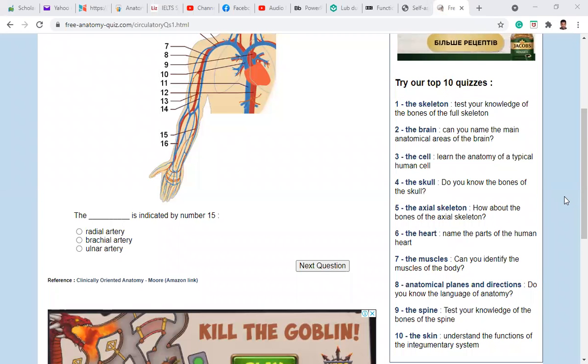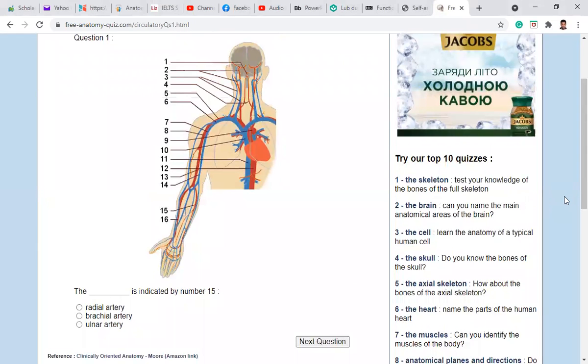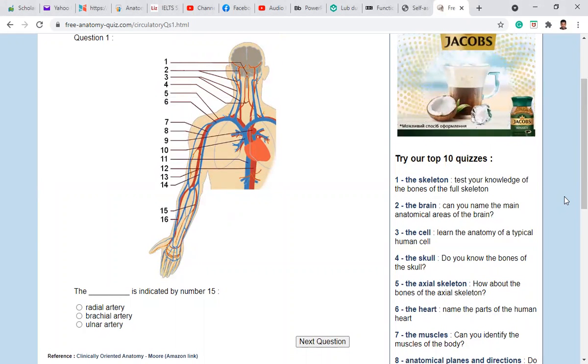Okay, good. Let me share the screen again. Can you see this diagram here?